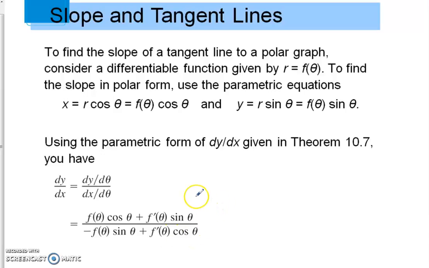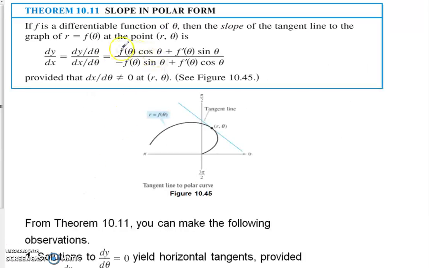That's how we find the slope of the line tangent to the curve of a polar graph, provided that dx d theta does not equal 0 at some point r theta.